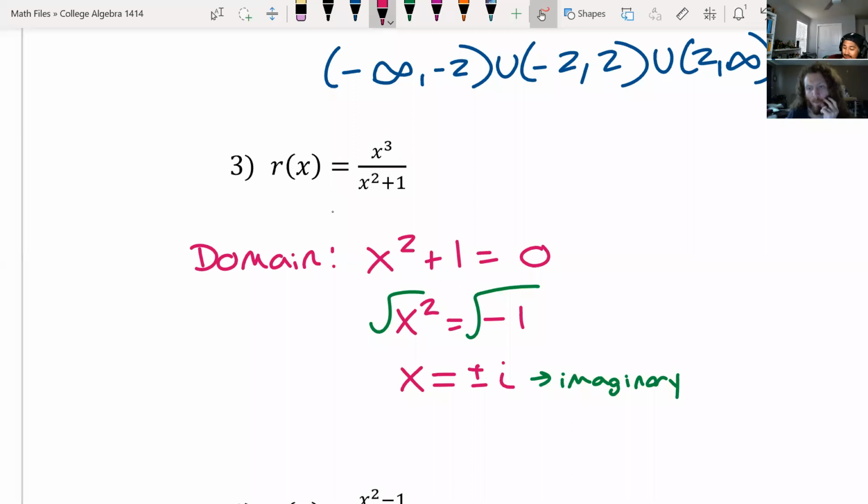So our domain ends up being just negative infinity to infinity. So if imaginary numbers are the only numbers that make your function undefined, then the domain is the set of all real numbers. Does that make sense?